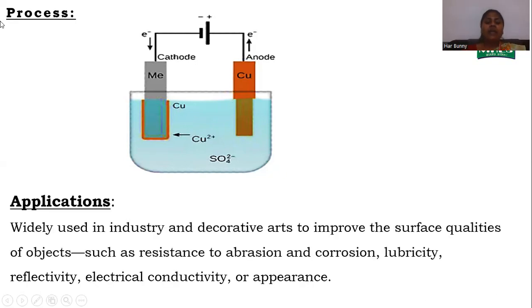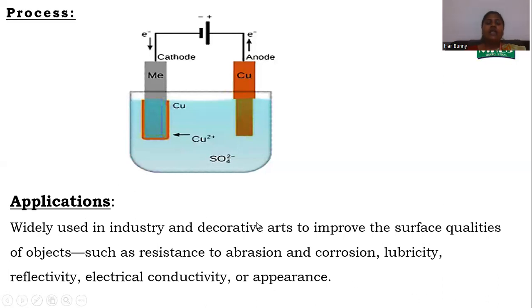So coming to its application, this process is widely used in industries and decorative arts to improve the surface qualities of the objects, such as the resistance to abrasion, reflectivity, electrical conductivity, or appearance. Okay.